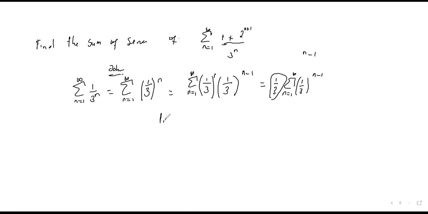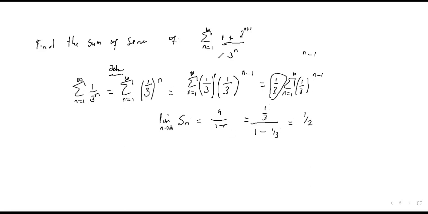So now I want to get the limit as n goes to infinity of the sum here, which is a over 1 minus r. So in this case, a is 1/3, and 1 minus 1/3, the r. You should be able to work out this and get 1/2.